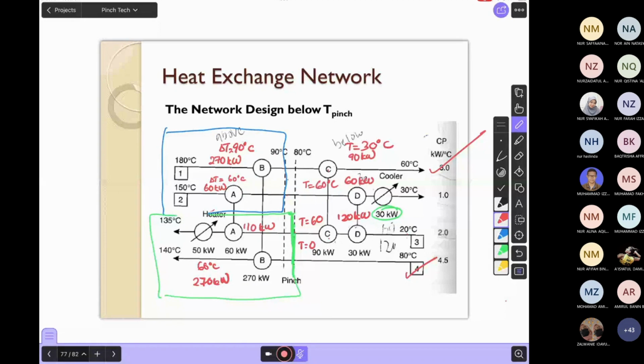Ada lagi 30 kilowatt. Dah sedekah dekat stream number 3. Okay. Ada balance lagi 30 kilowatt. Okay, so now tengok stream number 2 dengan number 3. Number 2 dia nakkan 60 kilowatt. Number 3 cuma ada balance 30 je lagi. Boleh tak ambil? Boleh tak?